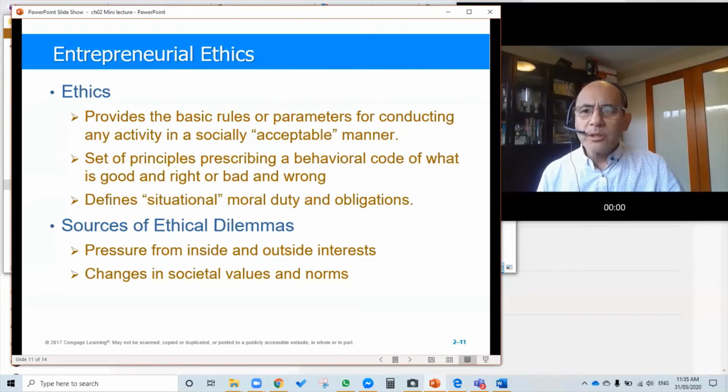Okay, so another source of ethical dilemmas are changes in societal values and norms. Now, a good example of this is that fairly recently, the Victorian Parliament has created a law that makes euthanasia, or a form of euthanasia, legal.